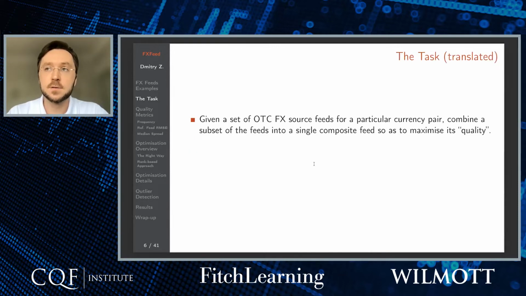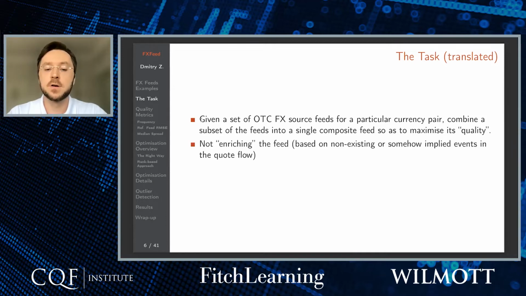And after a couple of rounds of clarifications, the task may be stated as follows, and I'll read it for you. Given a set of over-the-counter foreign exchange source feeds for a particular currency pair, combine a subset of the feeds into a single composite feed so as to maximize its quality.